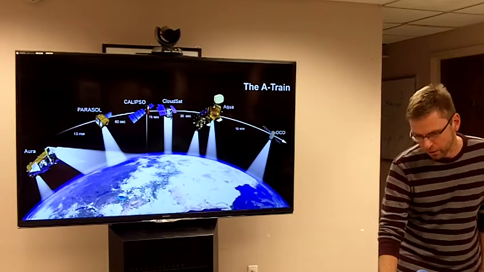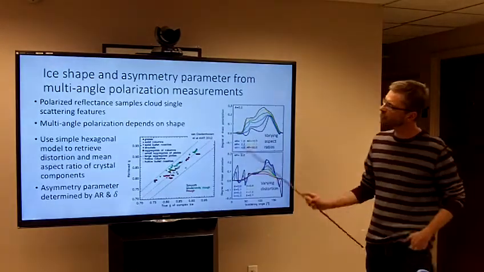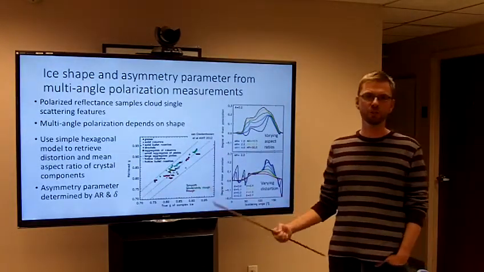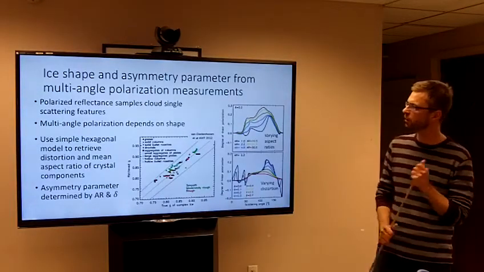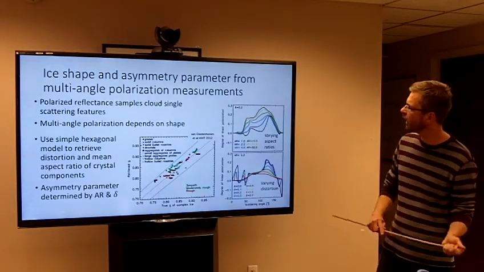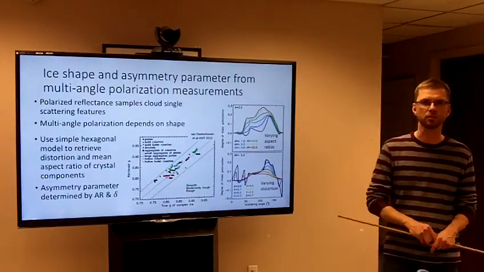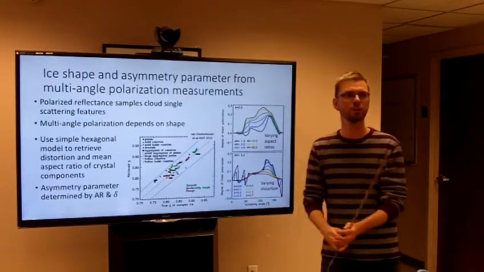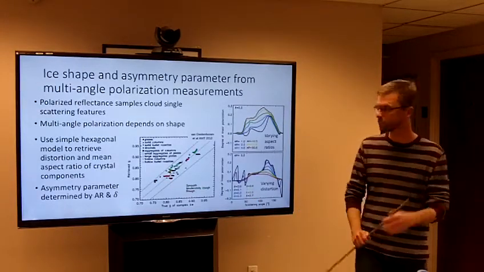We can combine those measurements with the MODIS measurements, and then my retrieval of the shape of these proxy crystals is very simple. The polarized reflectances, just like the phase function, also depend on the aspect ratio and the distortion of these crystals.